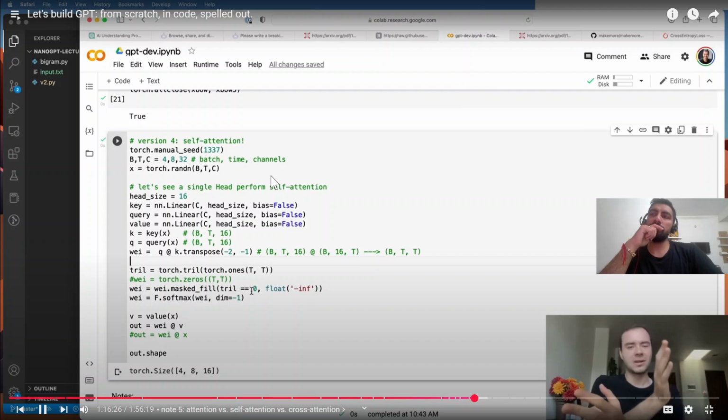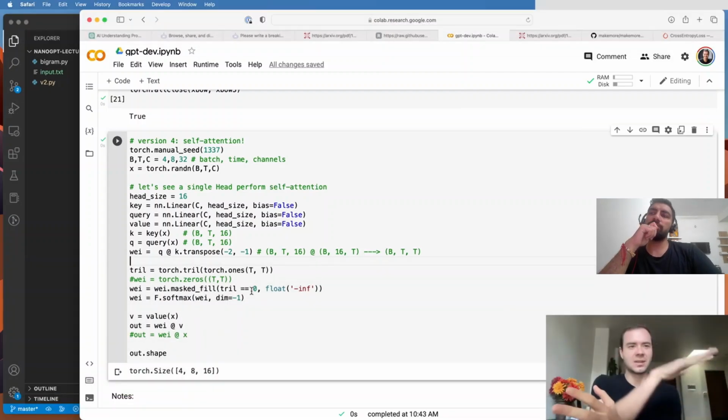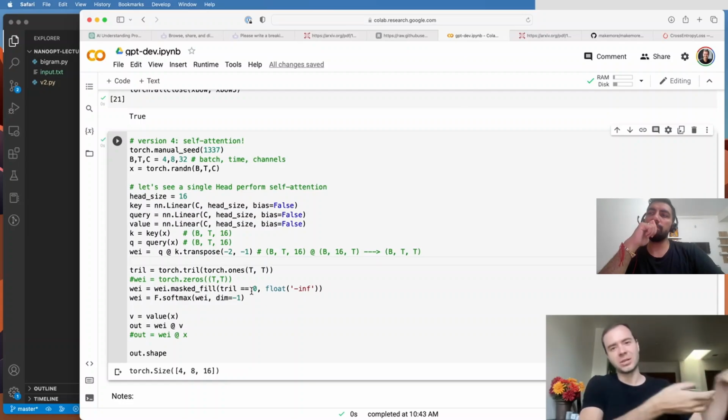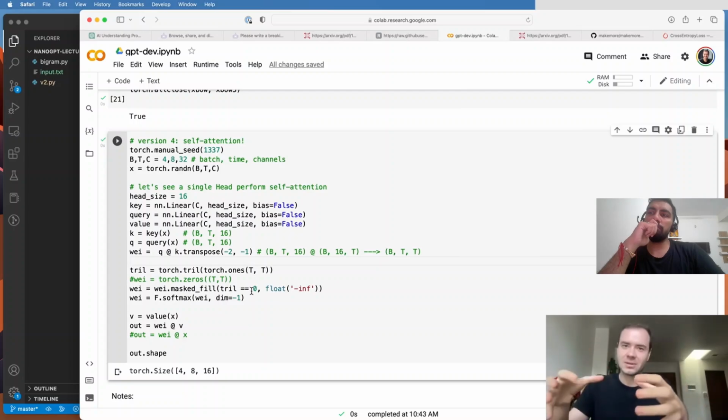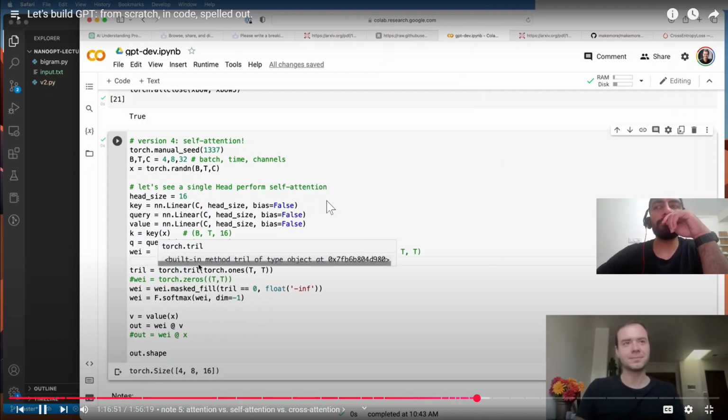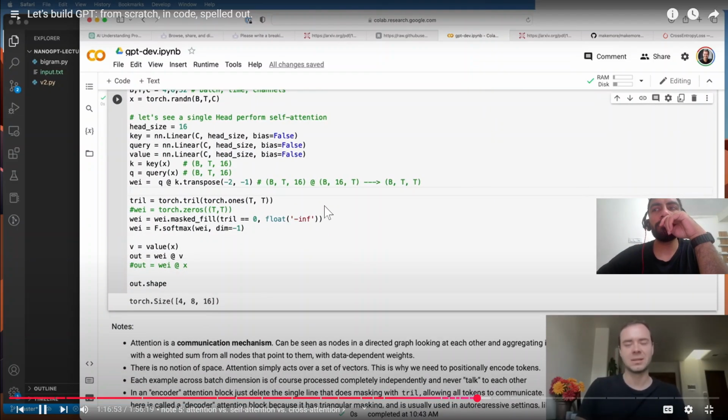Those are nodes on the side, and here we're just producing queries and reading off information from the side. So cross-attention is used when there's a separate source of nodes we'd like to pull information from into our nodes. It's self-attention if we just have nodes that would like to look at each other and talk to each other. This attention here happens to be self-attention, but in principle, attention is a lot more general.